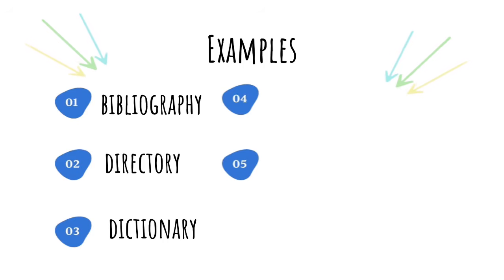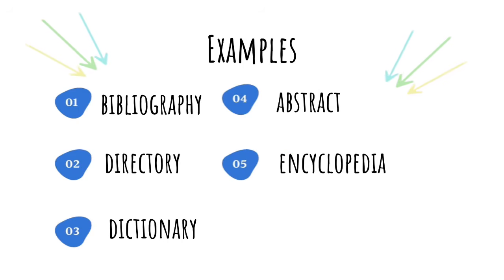Dictionary, or a book or electronic resource that lists the words of a language, typically in alphabetical order, and gives their meaning. An abstract, or a summary of the contents of a book, article, or formal speech. An encyclopedia, or a book or set of books giving information on many subjects or on many aspects of one subject and typically arranged alphabetically, and more.